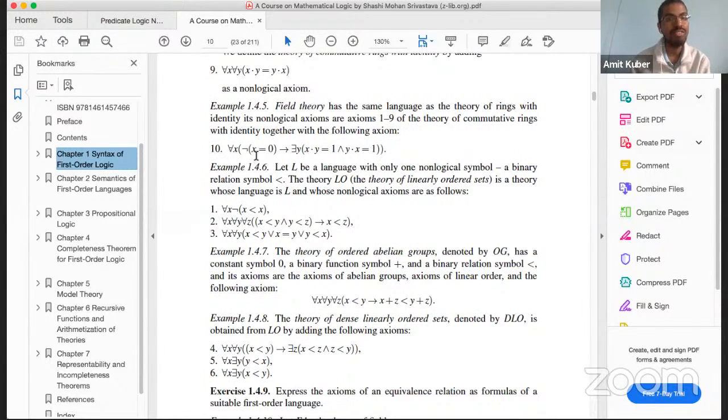For all x, if x is non-zero, then there exists a y such that x dot y is equal to 1 and y dot x is equal to 1. So it says that for every non-zero number, there exists a multiplicative inverse. This is a sentence of our language. And what I just showed is that a sentence that is true in real numbers is also true in any of the ultra products. Because hyperreals are an ultra product, this sentence is true in there. That is the beauty and the strength of Łoś's theorem.